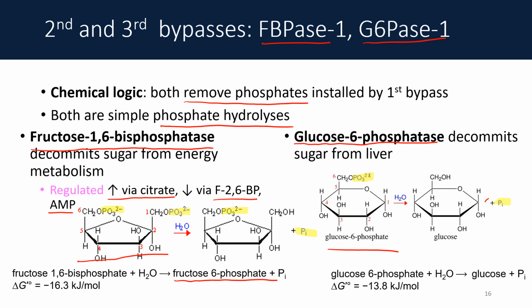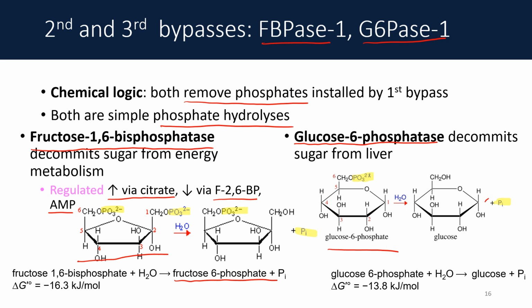If you recall, the first step of glycolysis was to commit the sugar to the cell. And here we see what I like to call the spiritual reverse of it. We are now decommitting it from the cell. We are free to release this glucose into the bloodstream so it can swim on down and feed the tissues that desperately need it.